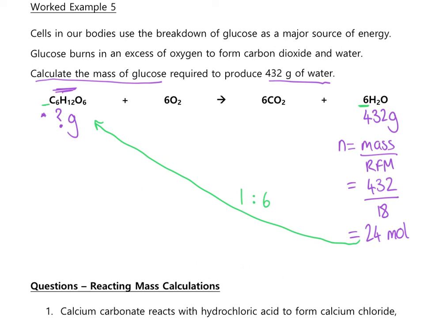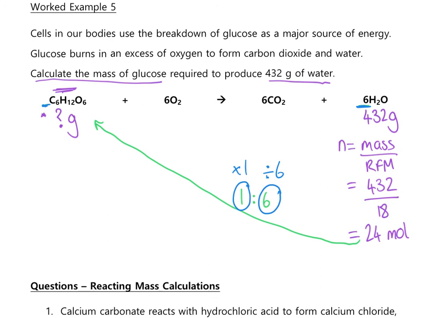So what we need to do is divide by 6. Again, use your rule: you divide by the number you're going from and you multiply by the number you're going to. So we're dividing by 6 because that was the balancing number in front of our water, and we're multiplying by 1 because that's the number in front of the glucose that we're going to.